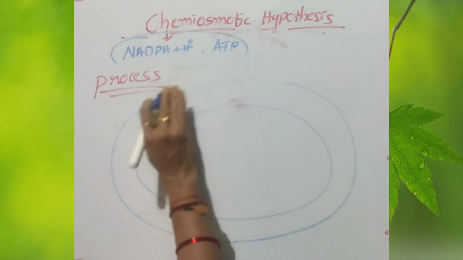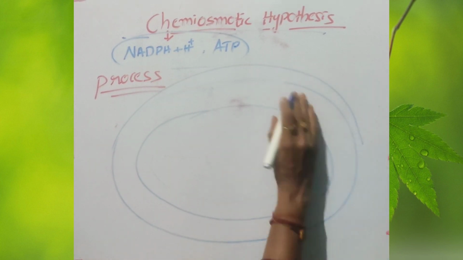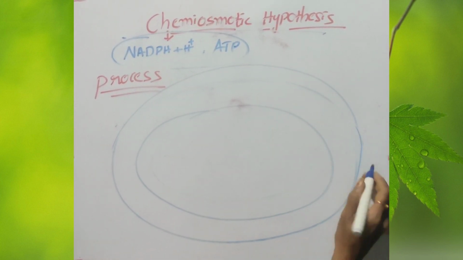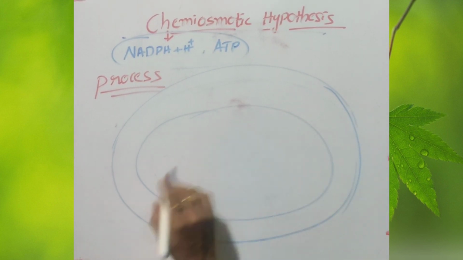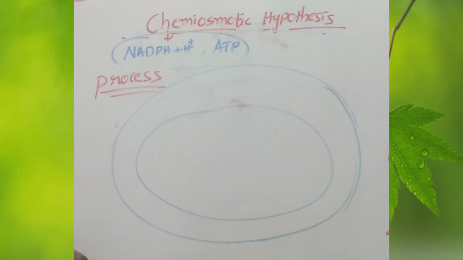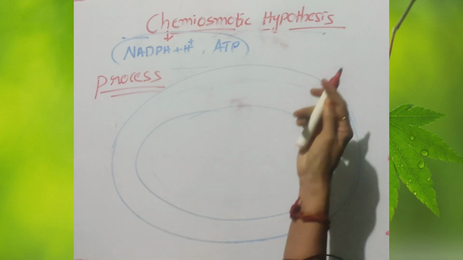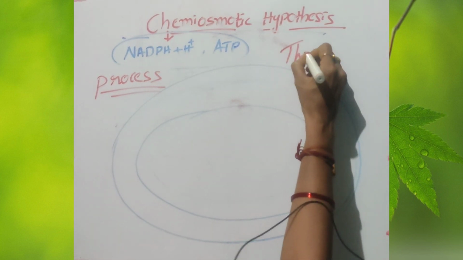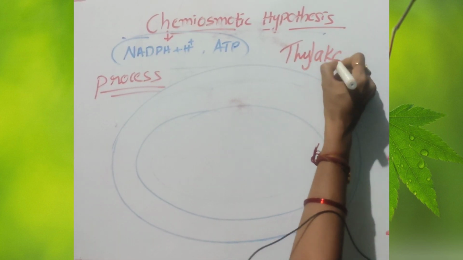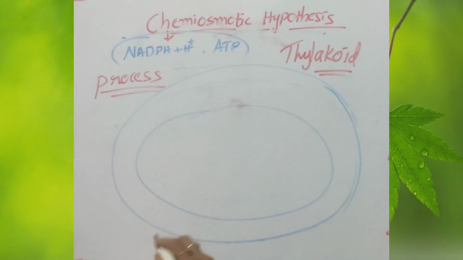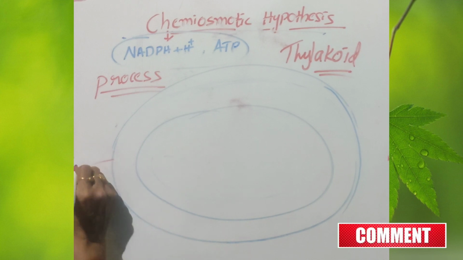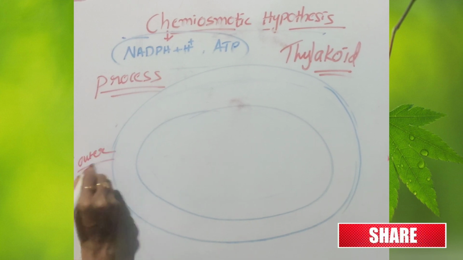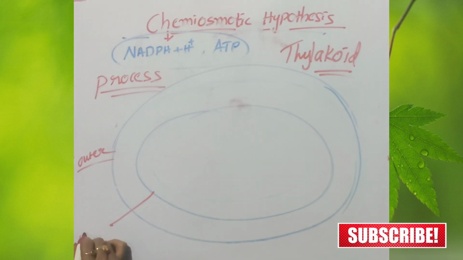This is the thylakoid. The thylakoid has two important membranes: this is called the outer membrane, this is called the inner membrane.